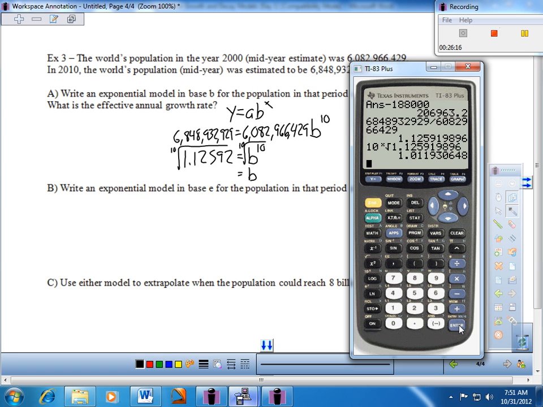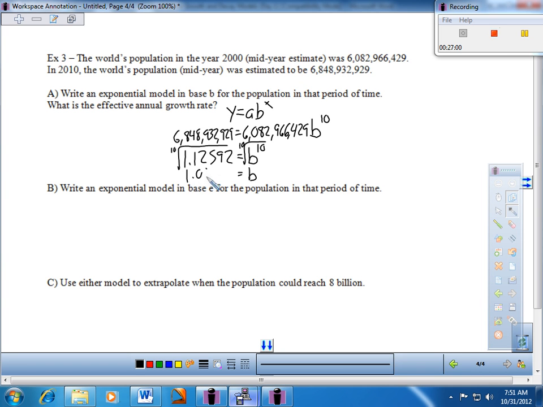1.01193. Excellent. Alrighty, so let's write this model, let's answer the question, and move on to that next piece here. Doing great. So I have y equals, or you know what, sorry, scratch that. Let's do p equals for population. That makes better sense.